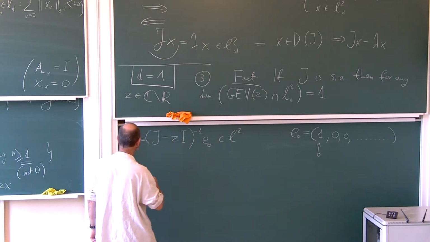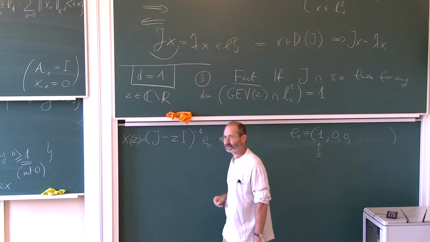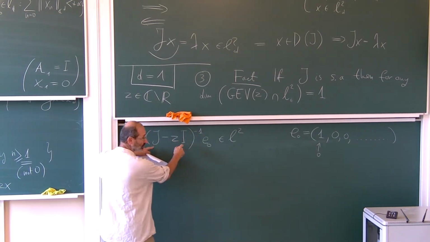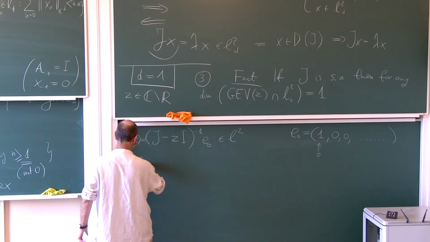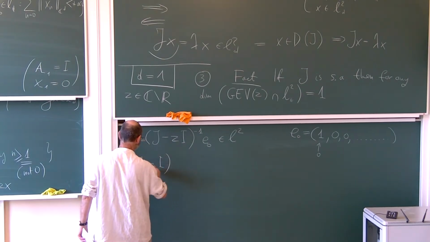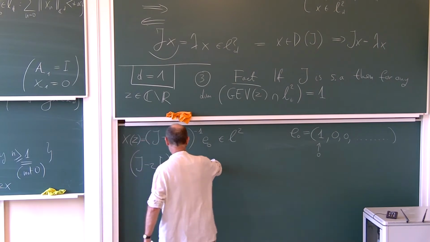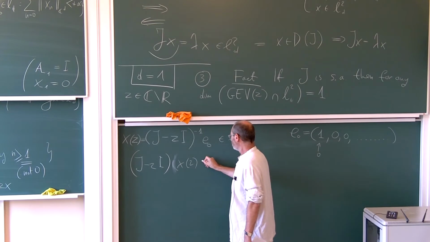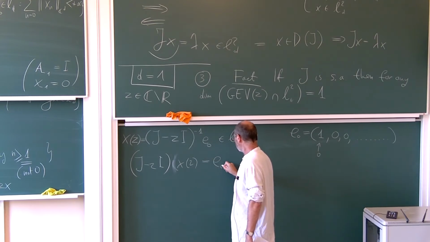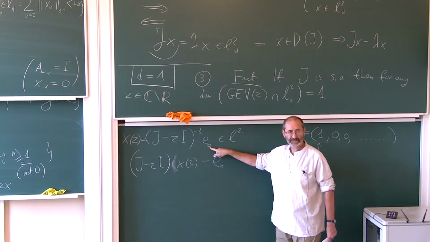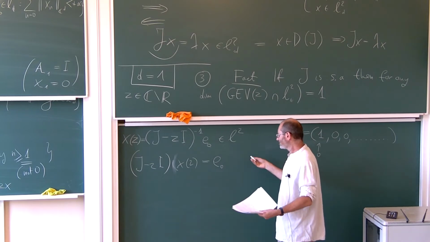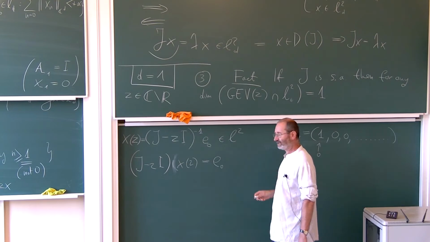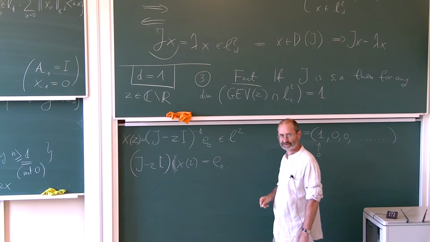And what can we get about this vector? We can apply J minus Z identity to both sides, and we see that (J minus Z identity) applied to the vector X of Z from L2 is equal to A0. So let us check all the terms of both sides.